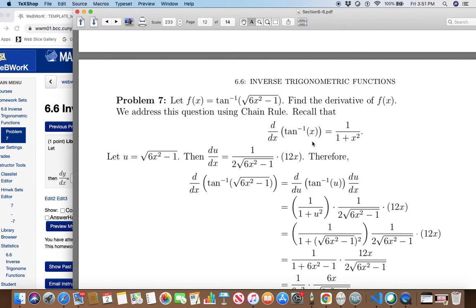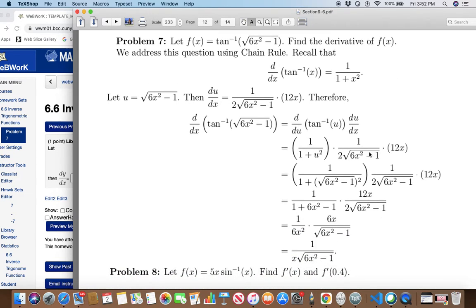Well, tan inverse, we know 1 over 1 plus x squared. So in this case, 1 over 1 plus u squared times du/dx, we just calculated. Okay, so 12x over 2 square root 6x squared minus 1.